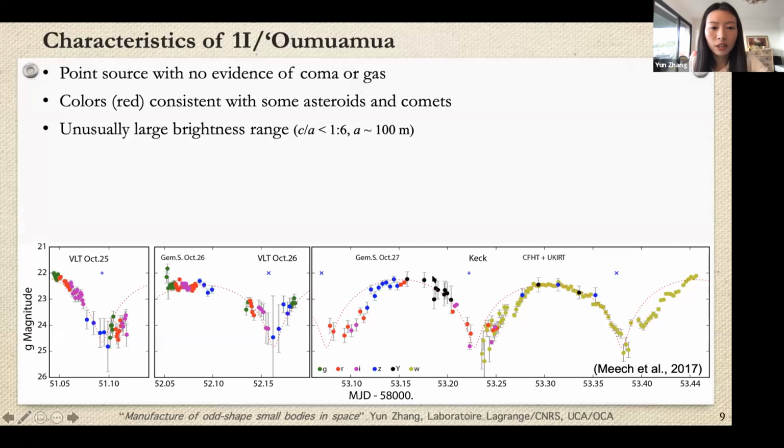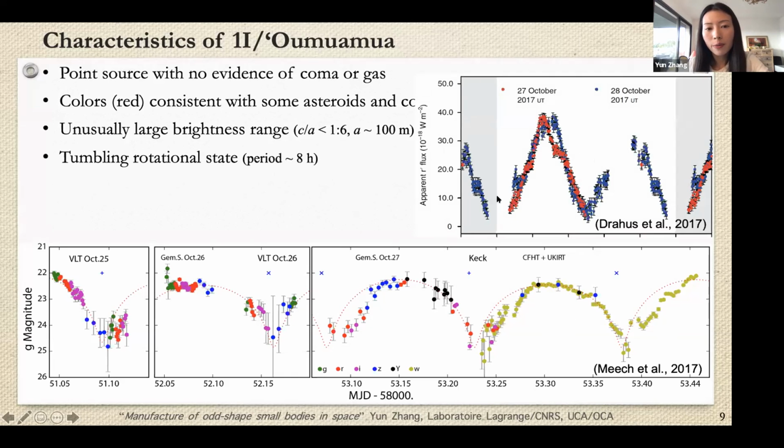According to the light curve, the ratio of the shortest axis to the longest axis was inferred to be smaller than about 1 to 6. Since we don't know the orientation of its rotational pole, this axis ratio represents only a limit. And the average brightness indicates its size is about 100 meters.